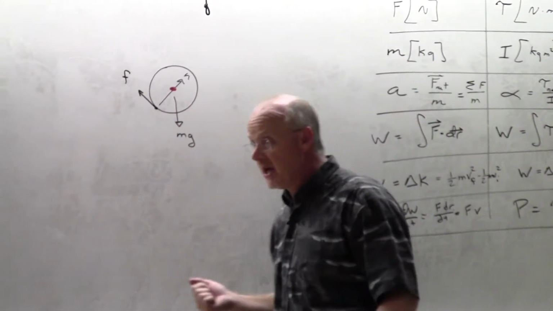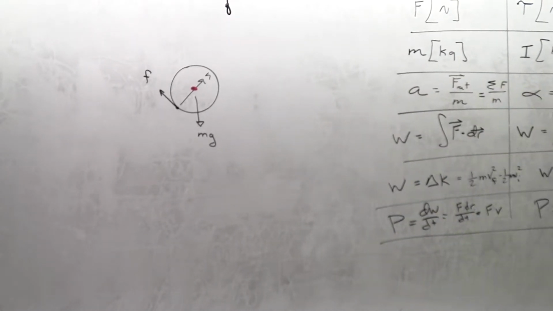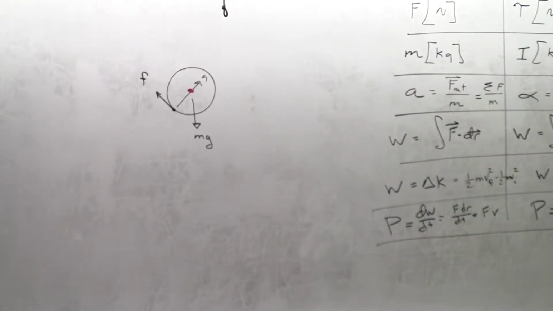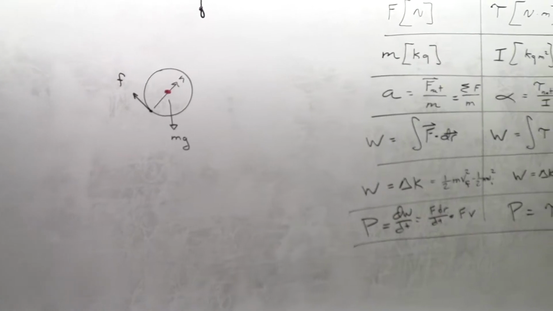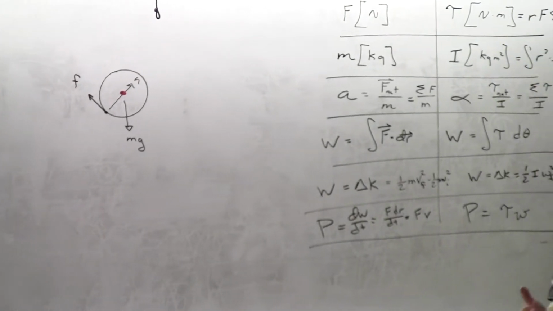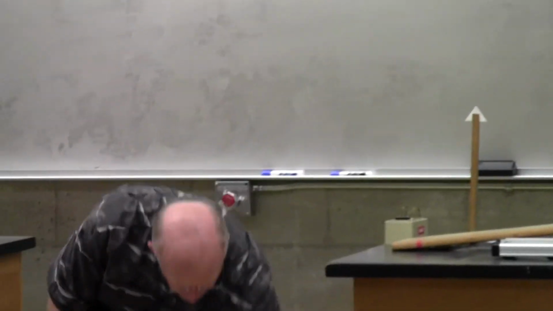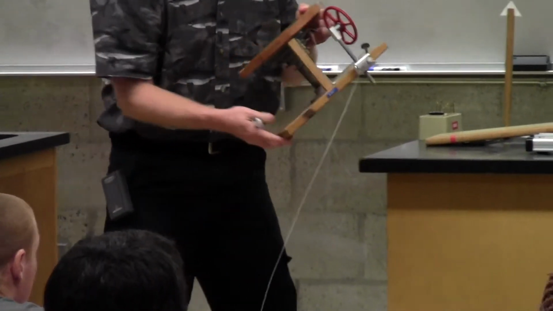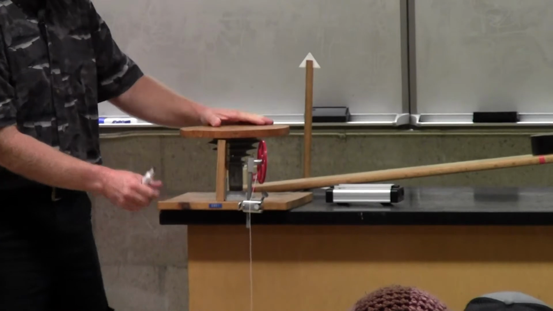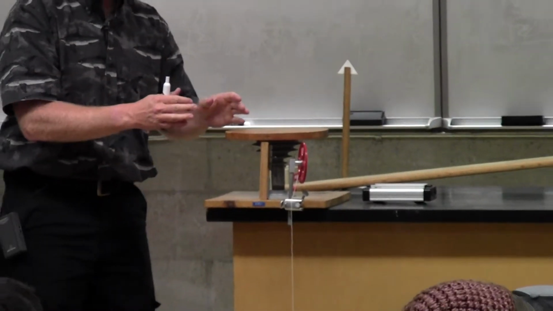Anything right through the center means that, yeah, you can have all the force you want, but if you're pushing it right at its axis, that's not going to make it turn. It's no different than if I came back up here and I knocked these weights off and said, okay, I want to make this wheel turn.